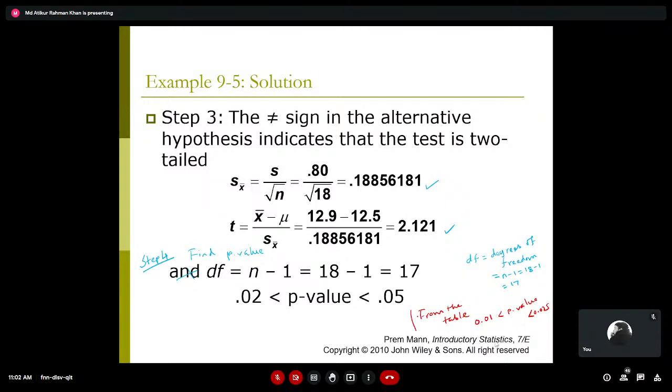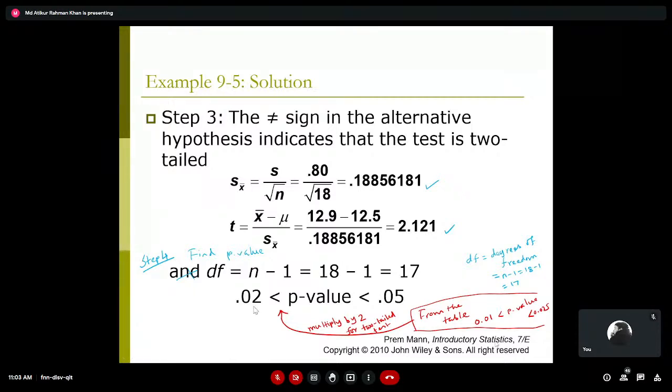So multiply by 2 for a two-tail test. From the table, we got 0.01 to 0.025, but we are doing a two-tail test, so we are multiplying that result by 2. So we are getting the p-value between 0.02 and 0.05.